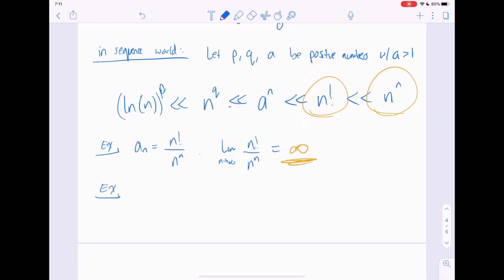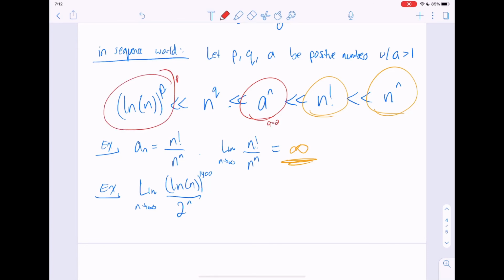Similarly, if I took something like the limit as n goes to infinity of, say, 2 to the n, and then up here we have ln of n to the power of 1400. Despite 1400 being really, really big, notice here that in this case, we're looking at a to the n, where a is 2, and ln to the p, where p is 1400.